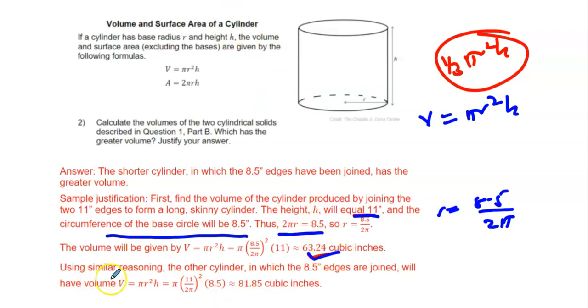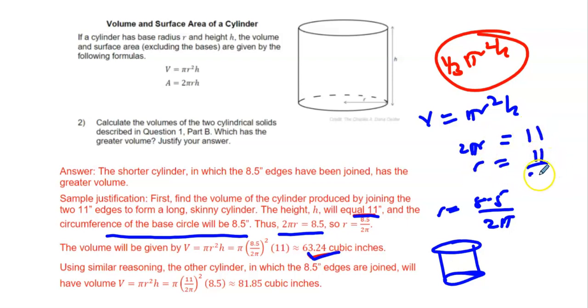Now, by similar reasoning, the second, shorter cylinder is going to have 2 pi r equal to 11 inches, so r becomes 11 over 2 pi. Its volume V also becomes pi r squared h.